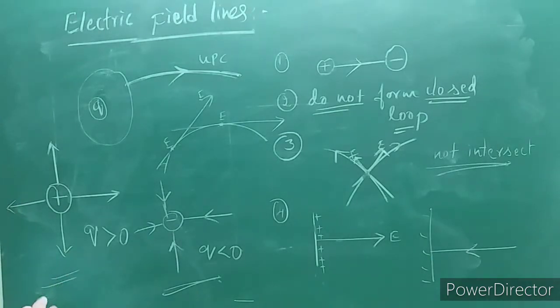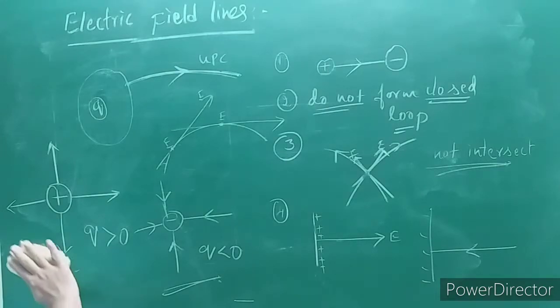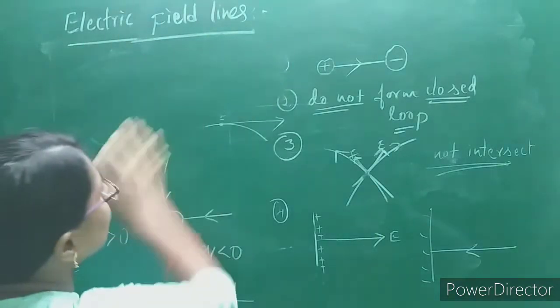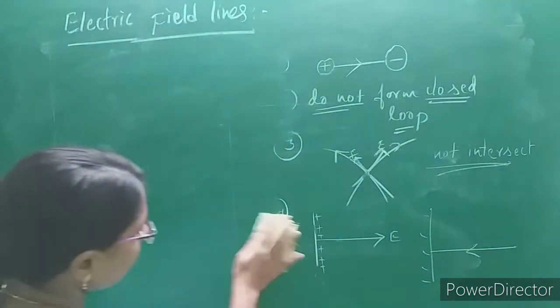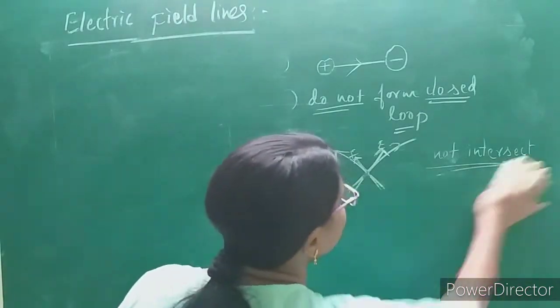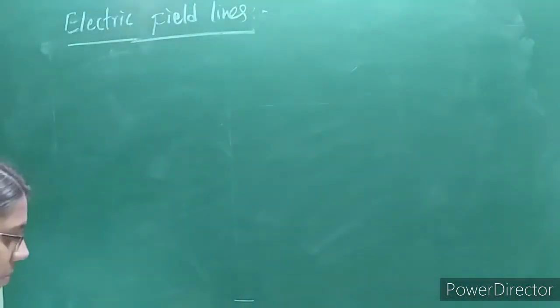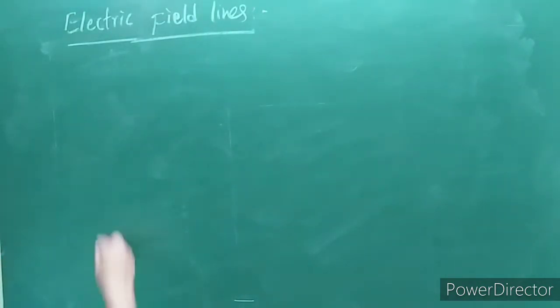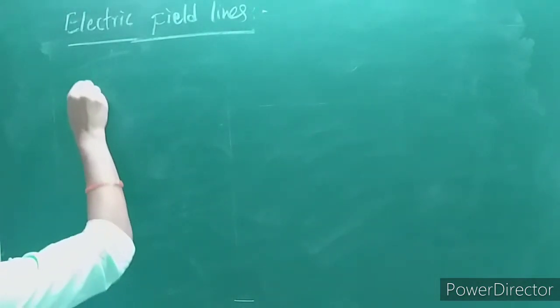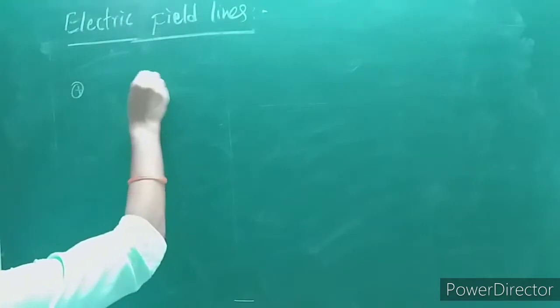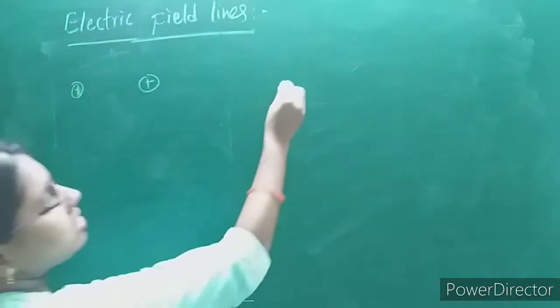What happens if we consider two like charges? In the case of two like charges, how do we draw the electric field lines? Let me move on to discuss that. Suppose we consider two like charges, either two positive charges or two negative charges.